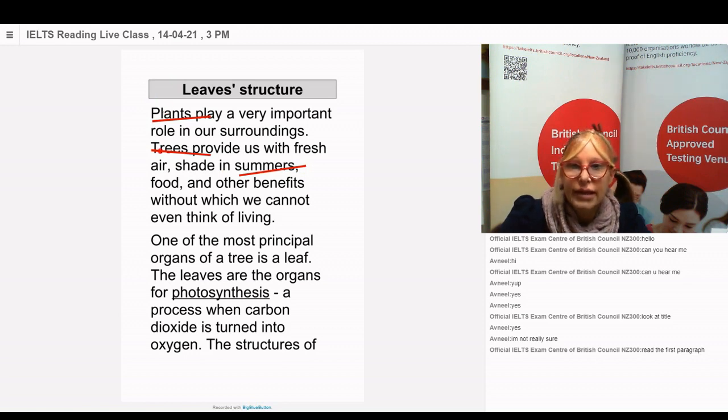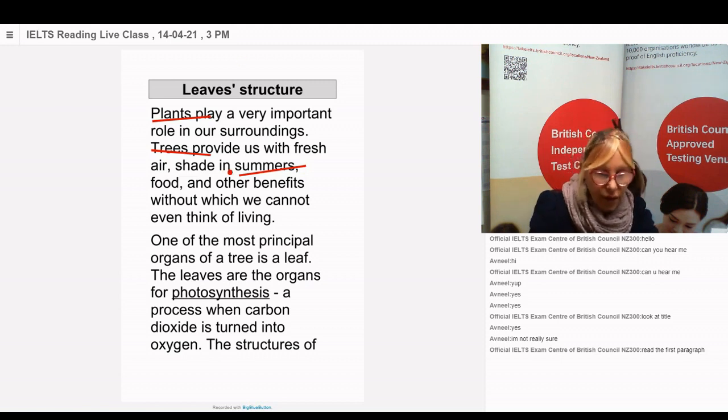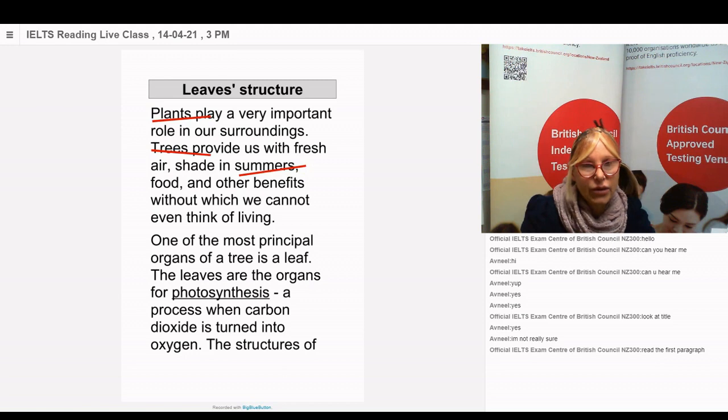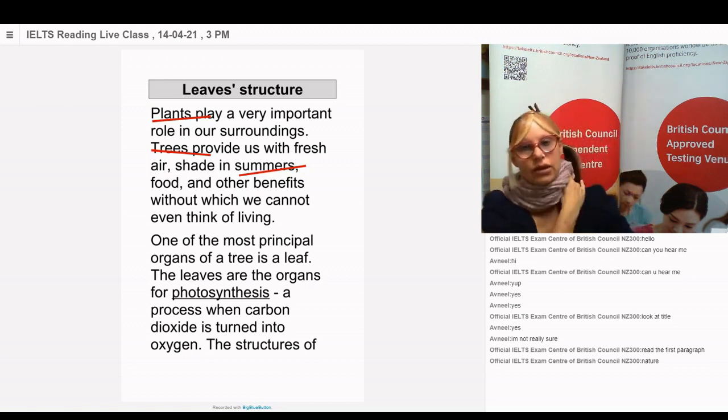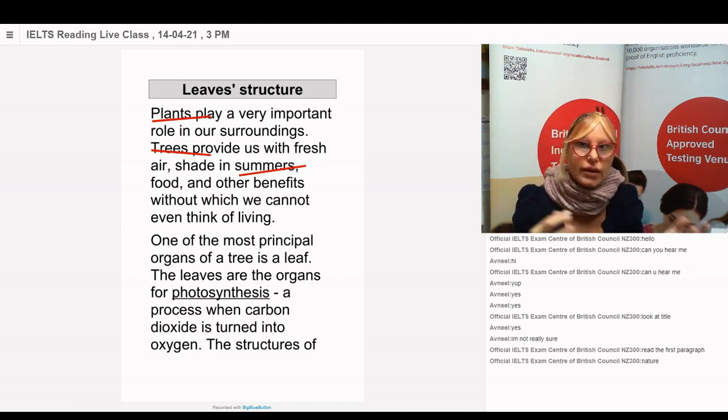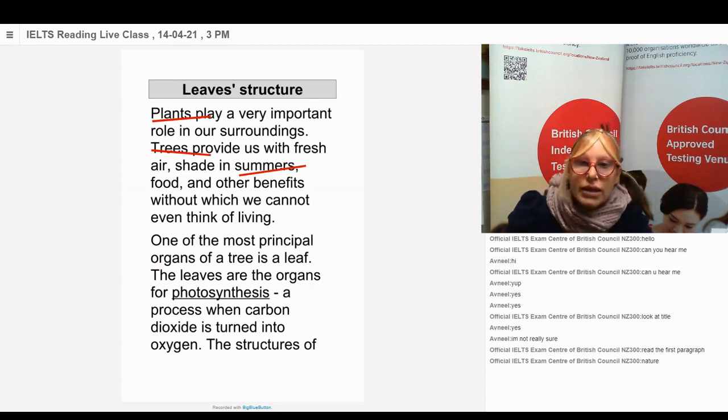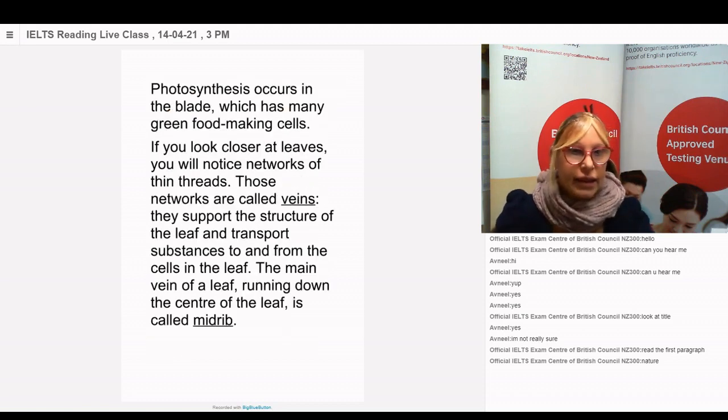And so the idea of just getting a quick idea about the topic is so that we know that we're dealing with, in this case, something to do with nature. It's not, for example, technology, it's not education, it's not food, it's not travel, it's to do with nature, the environment. Okay, so once we have an idea of the topic, we go straight to our diagram, because that's the strategy we always use for reading.